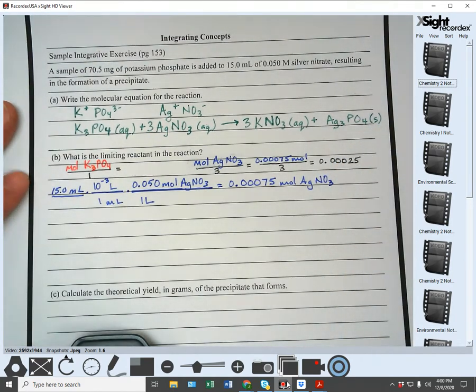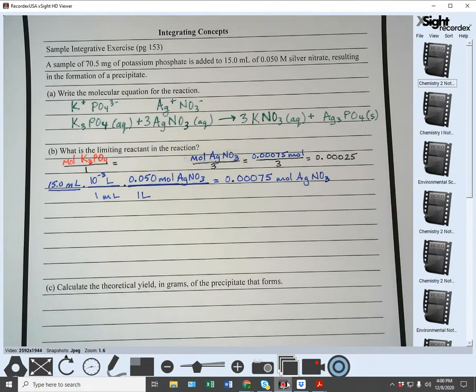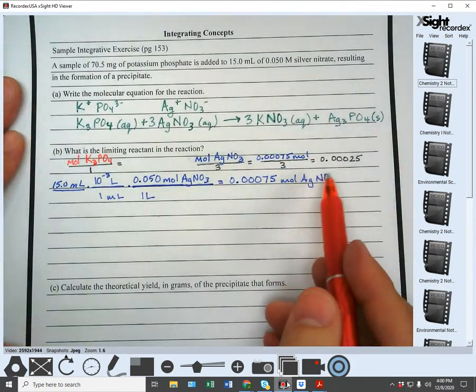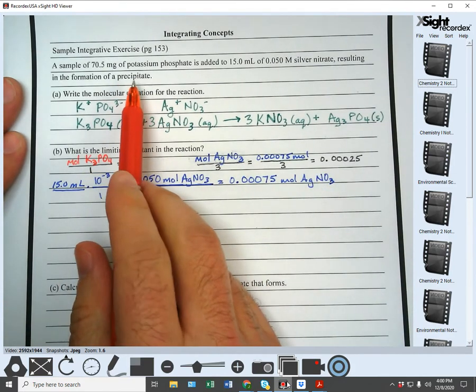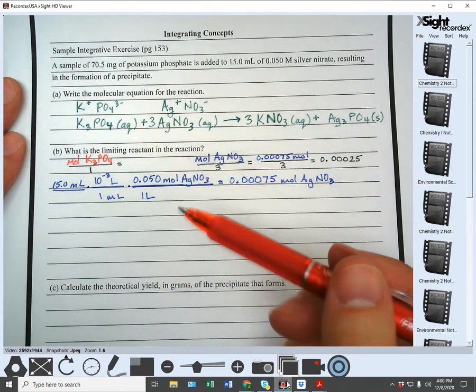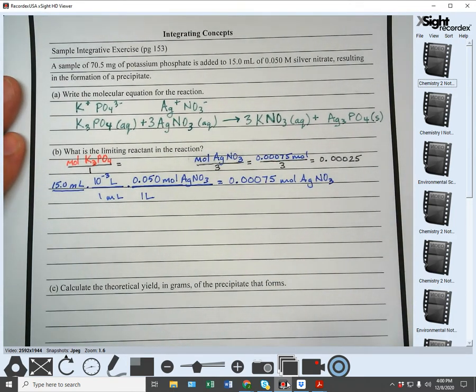All right. Now, okay, so how are we going to get moles of K3PO4? Well, similar to what we did before, we've got a balanced equation, right? Now we know the moles of one thing, we can actually convert to see how many moles of the other thing we would need.